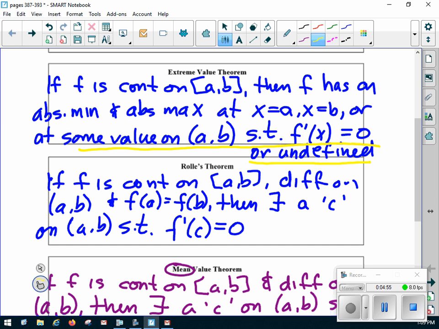At some value on the open interval a to b such that the derivative is 0 or undefined. I don't particularly care that you put the such that part in there. Just know that the idea is if the function is continuous on the closed interval, then there is an absolute max and there is an absolute min, period, end of discussion.